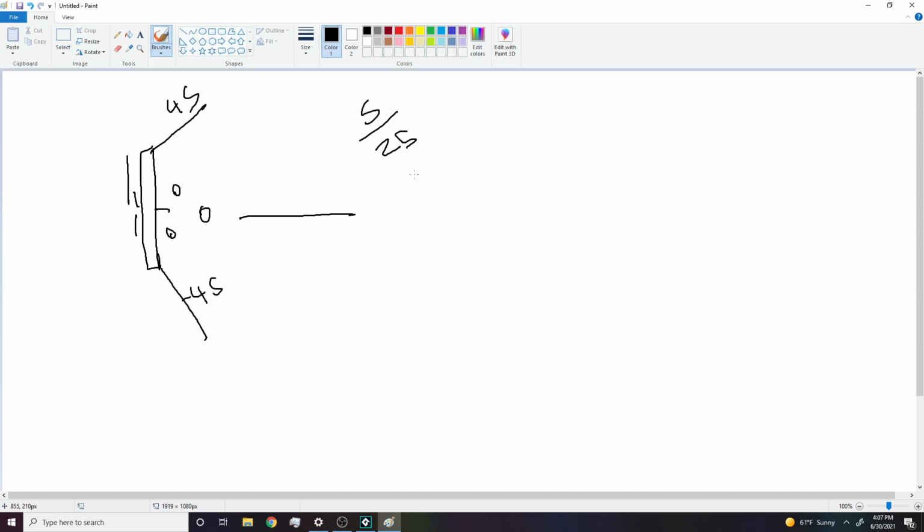Then that will be some number, and if it's 25 over 25, that will be 1. We then multiply by the angle we want it to be, so 45. If this is 1, this will be 45. If this is 0, this whole thing will end up being 0.